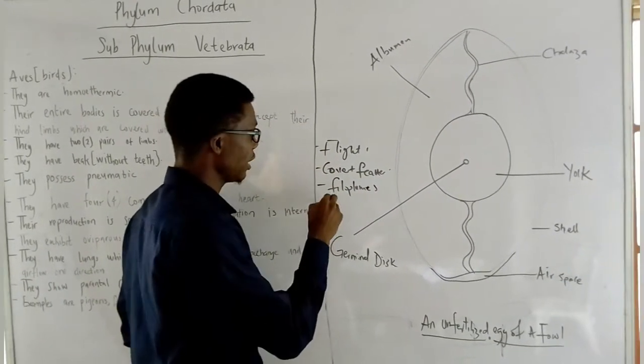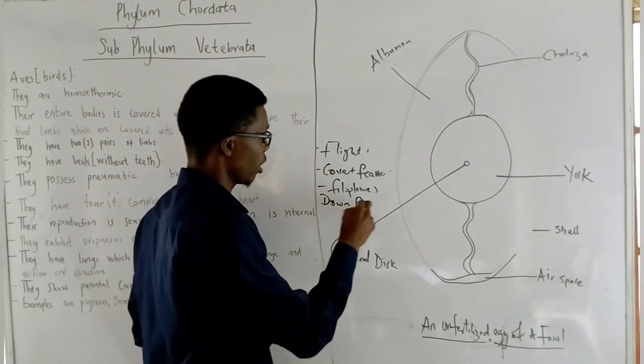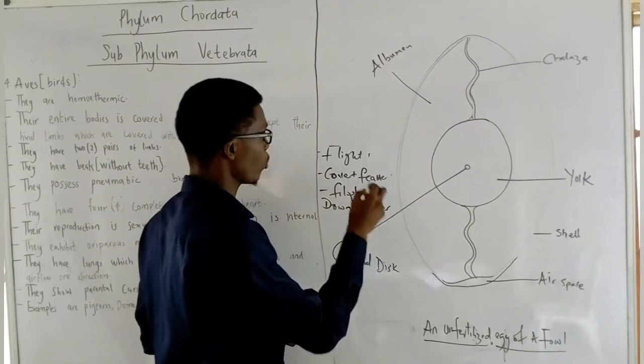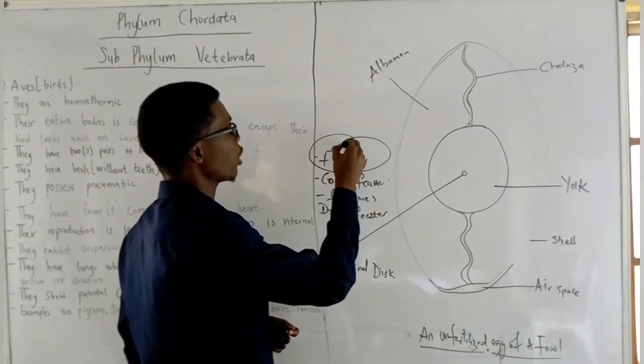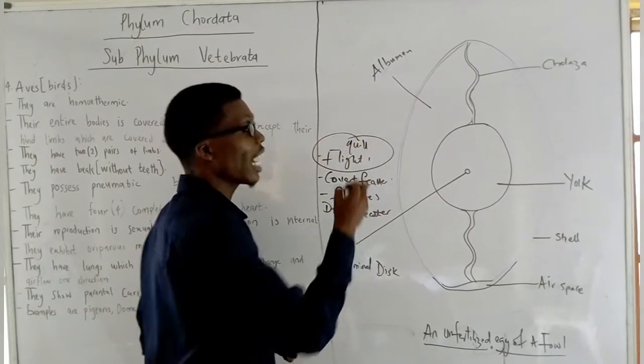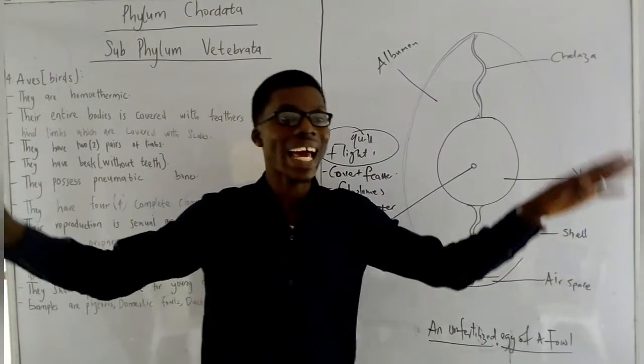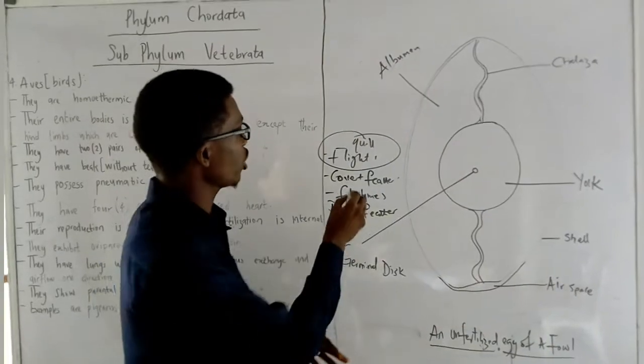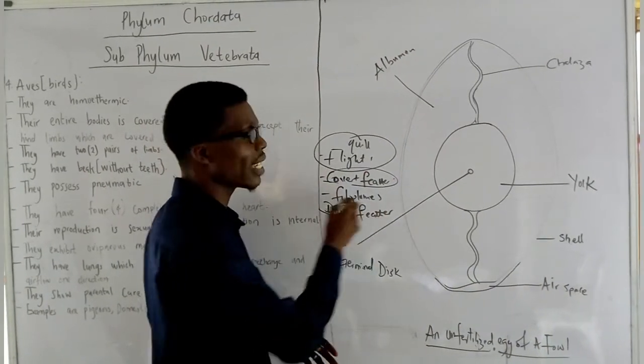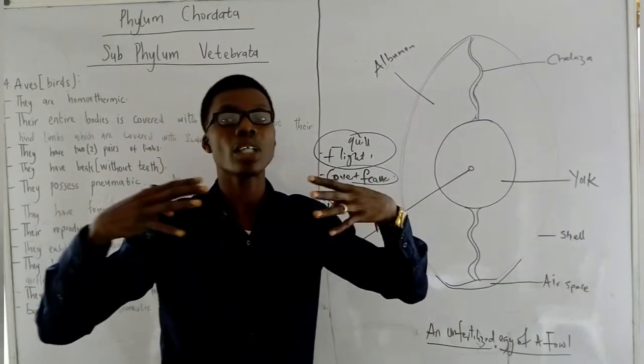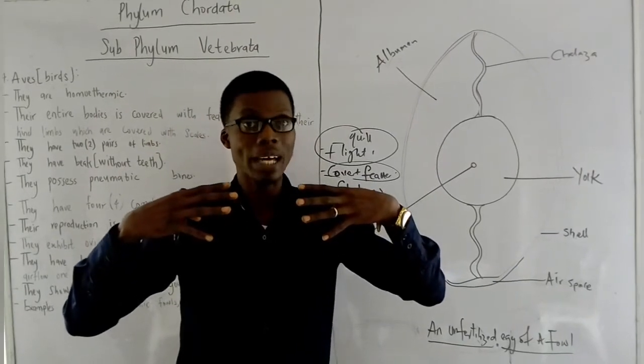Alright, now then down feathers. Now pay attention. For this flight feather, that's where you have your quill. That's what they use for flight. These covert feathers and down feathers are the ones that cover their body for warmth, to keep them warm.